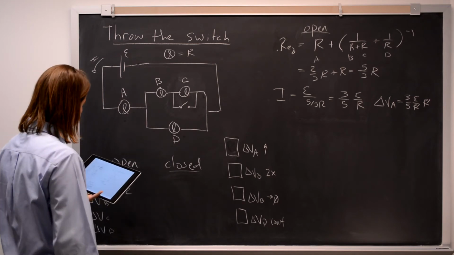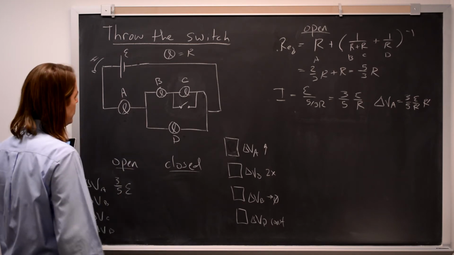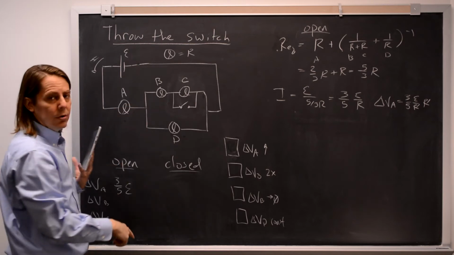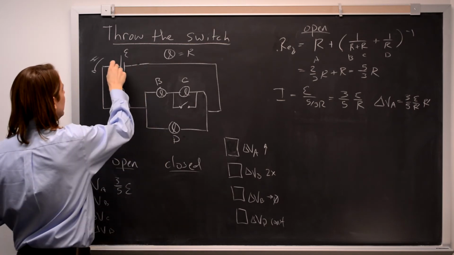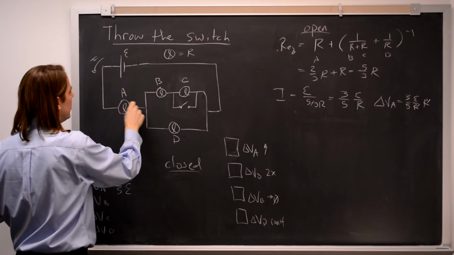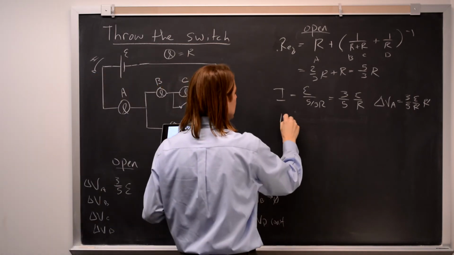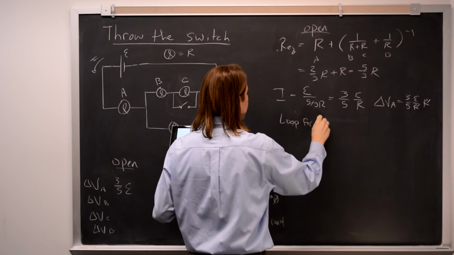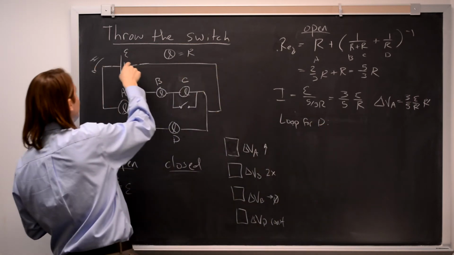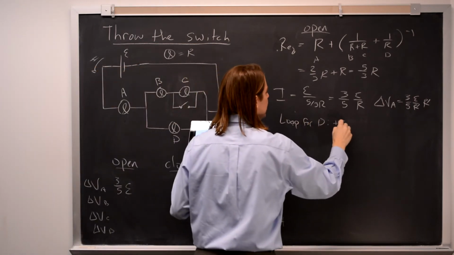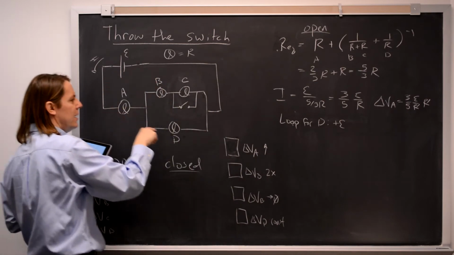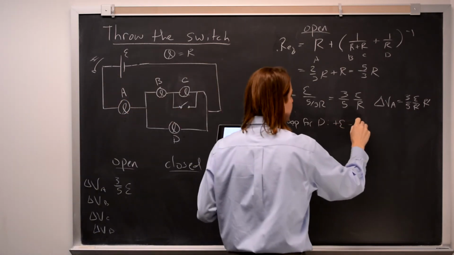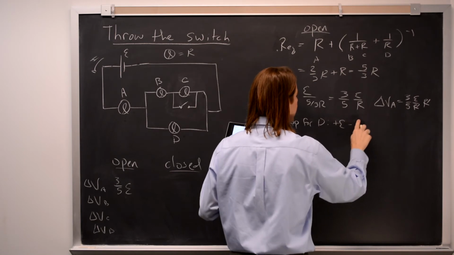And let's see, so next we were going to use the loop rule to get delta V over D is the way I would go. Because you can say if I loop through here, if I loop across the battery, that's the plus EMF, and then I go with the current loop through A, that's minus 3/5 of the EMF.